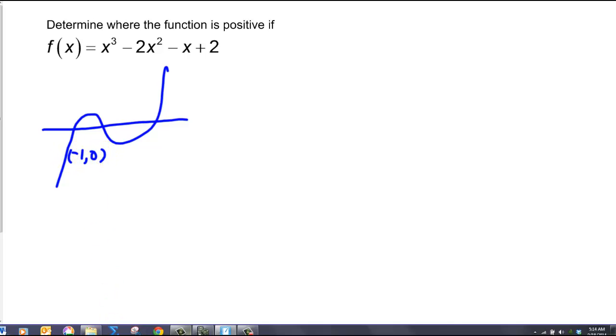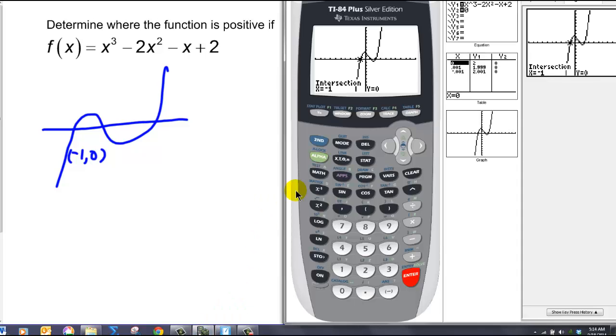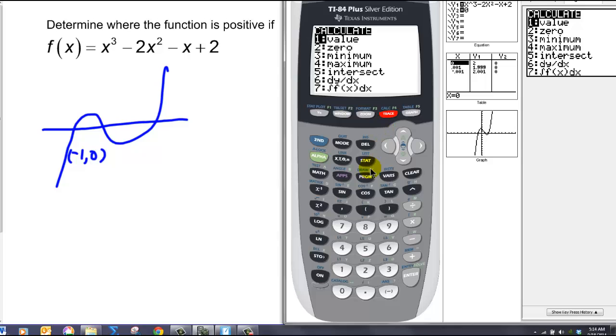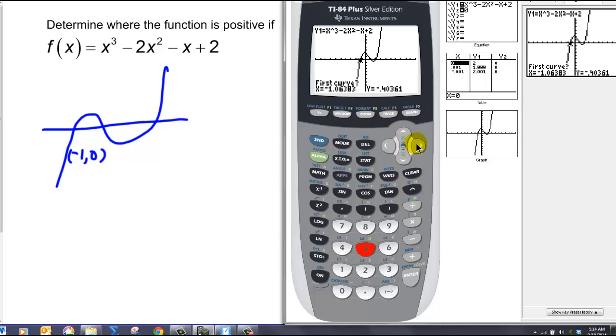Now I need to find that next point, so I'm going to hit second calculate again, find the intersection, and now my first curve, I want to move that over to my second intersection, and it just has to be relatively close, and hit enter 3 times, 1, 2, and 3, and it will find this second intersection point, which happens to be at 1, 0.